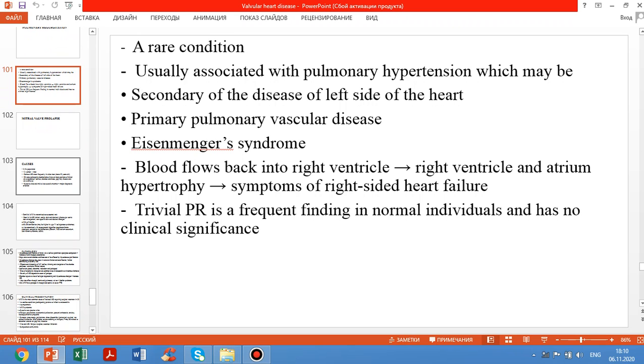Blood flows back into the right ventricle, and due to this, right ventricle and atrium hypertrophy and symptoms of right-sided heart failure occur. Trivial pulmonary regurgitation is a frequent finding in normal individuals and has no clinical significance.